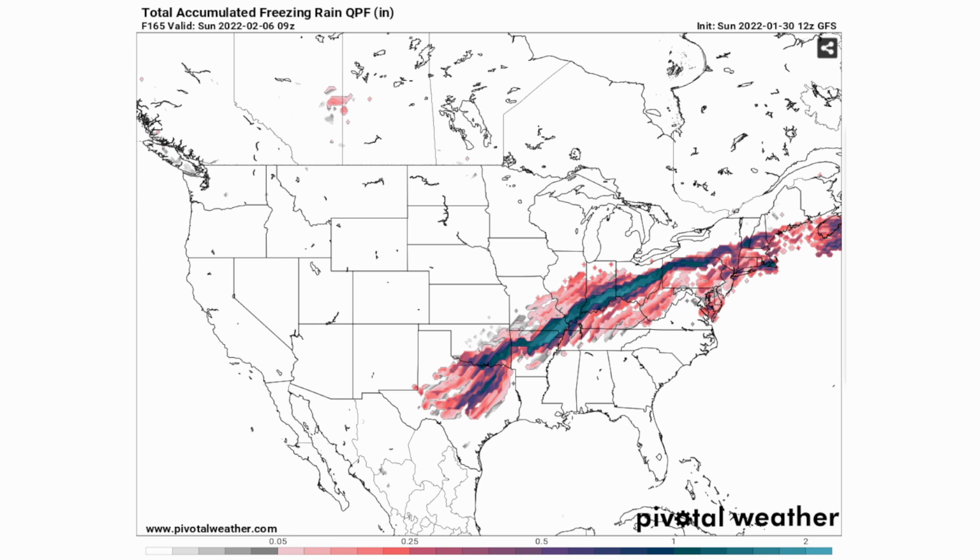If you see an inch of ice in your town or city, that is definitely a guaranteed power outage event. Even half an inch or a quarter of an inch of freezing rain could lead to quite widespread power outages, but those will be much easier to restore than an inch of ice. So definitely, again, prepare for this.